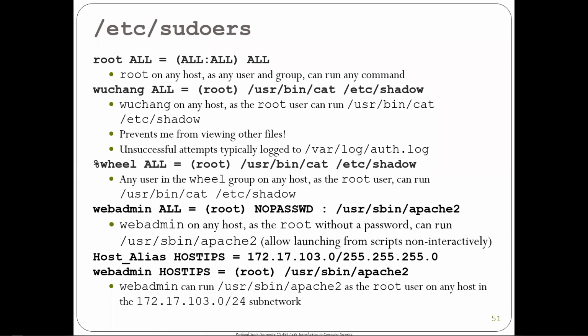Okay, are there any questions about sudo and sudoers? Yeah. The wheel is a trusted group of administrators typically. It used to be a lot of the system processes belong to the wheel group. And then you would have one group to manage all system services and things. That has been my experience with the wheel group.